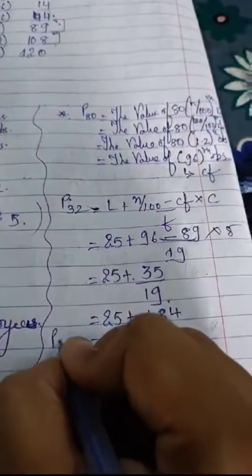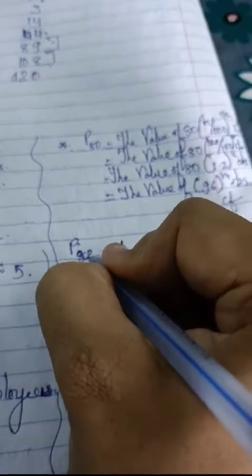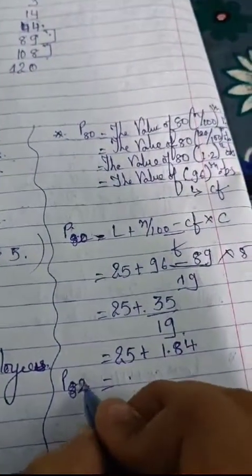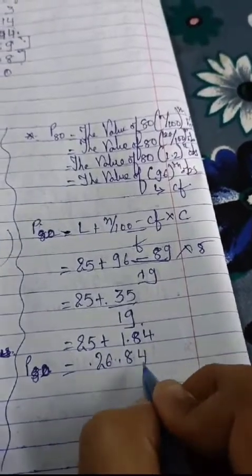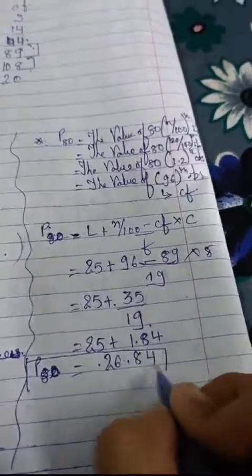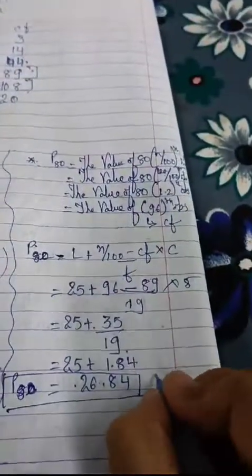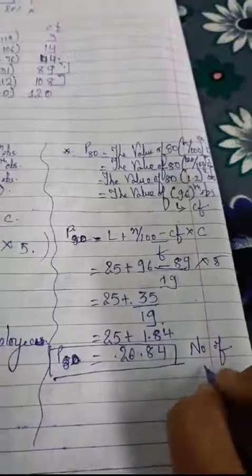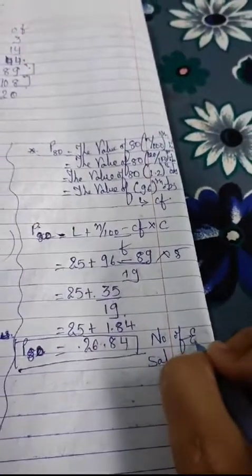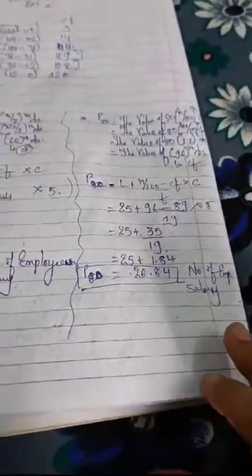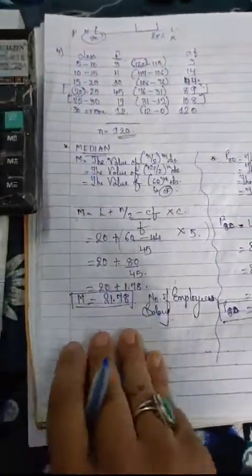So our P32, sorry, P80 is what? 26.84. By mistake I wrote it wrongly, please consider it as my mistake. So here, what is this? P80, number of employees' salary. Okay, so this was our sum number 4.